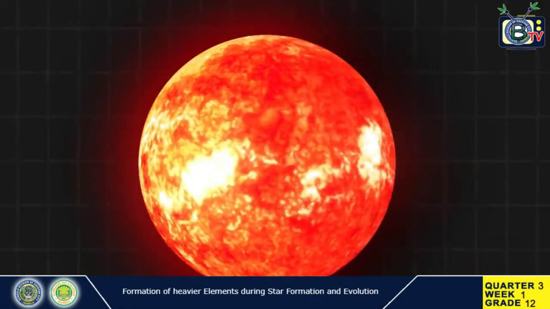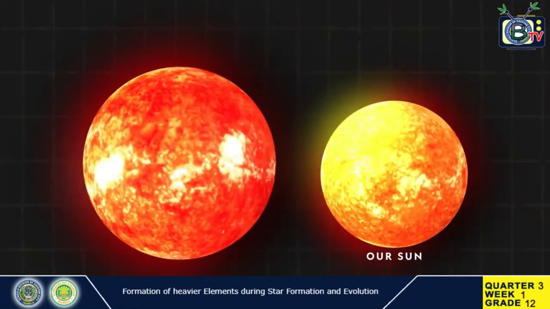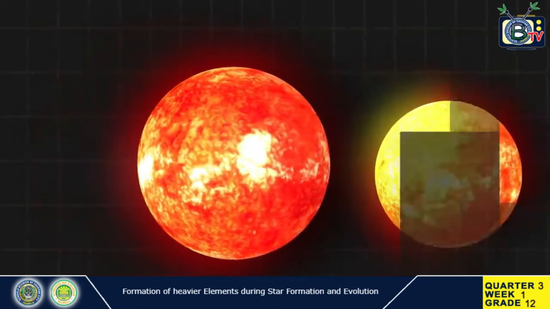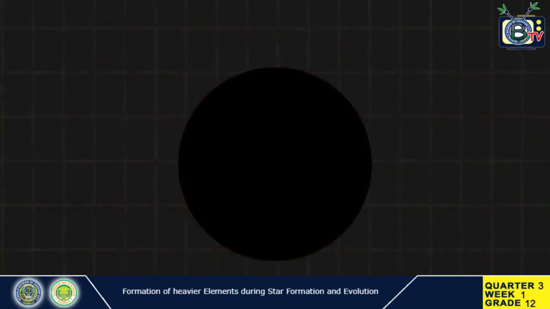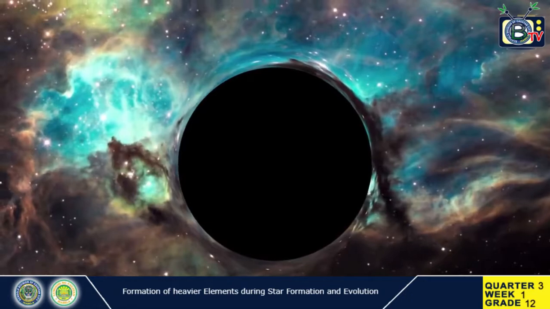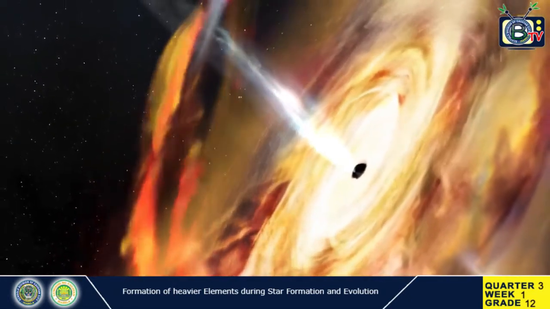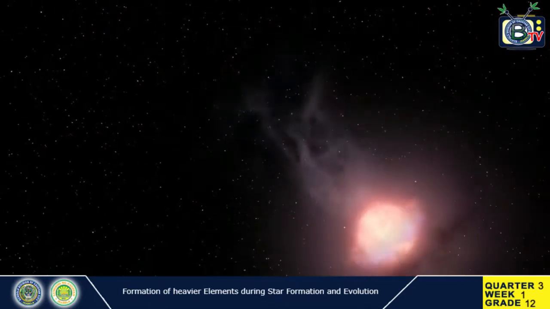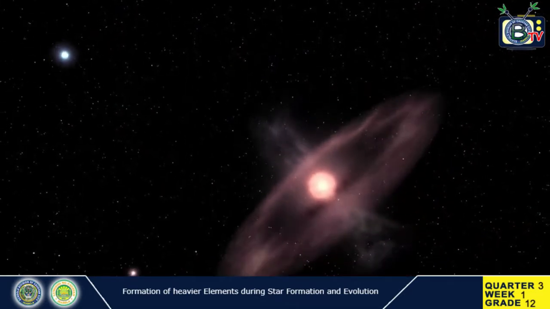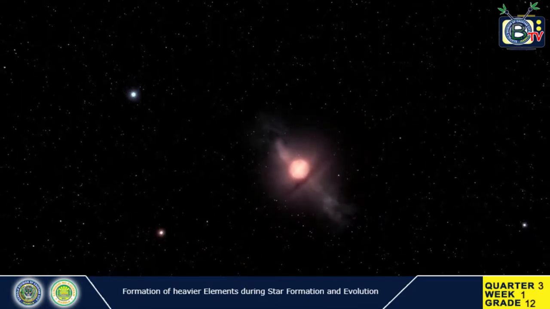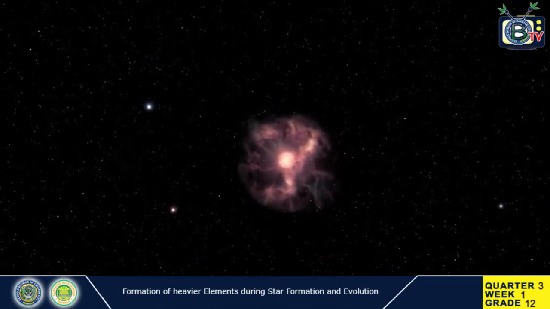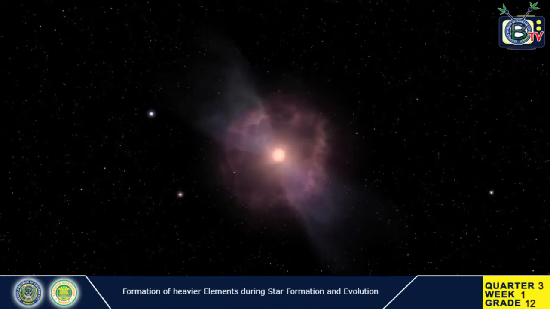But the most massive stars, stars that are at least 3 times our Sun's mass, collapse into themselves and create a bottomless well of gravity, a black hole. But from the remnants of stars, heavier elements are cast into the universe, and it is this stardust that formed the seedlings of life itself.